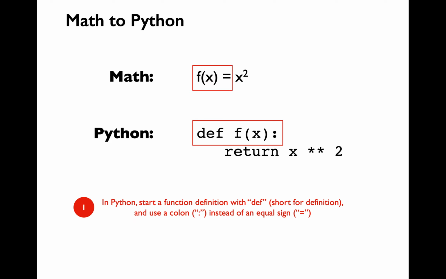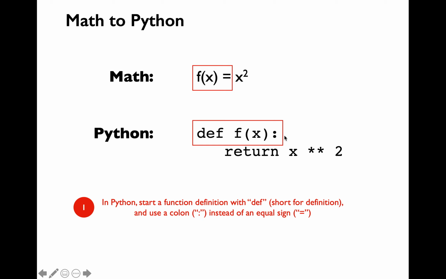Let's talk about the differences. In Python, you need to explicitly use the def keyword, which is short for definition, in order to define a function. Following the def keyword, you need to provide a space. Then you have the name of the function, open parenthesis, close parenthesis, and the colon after that.